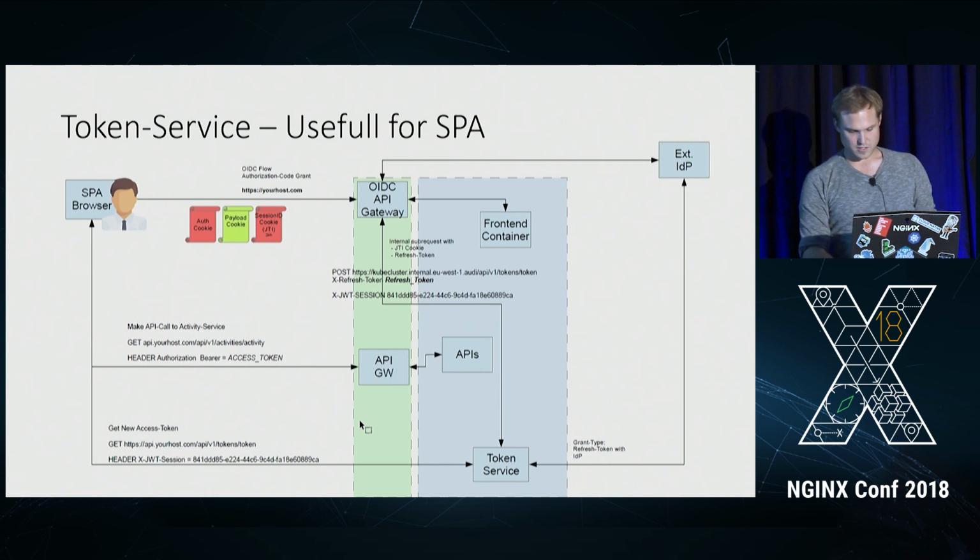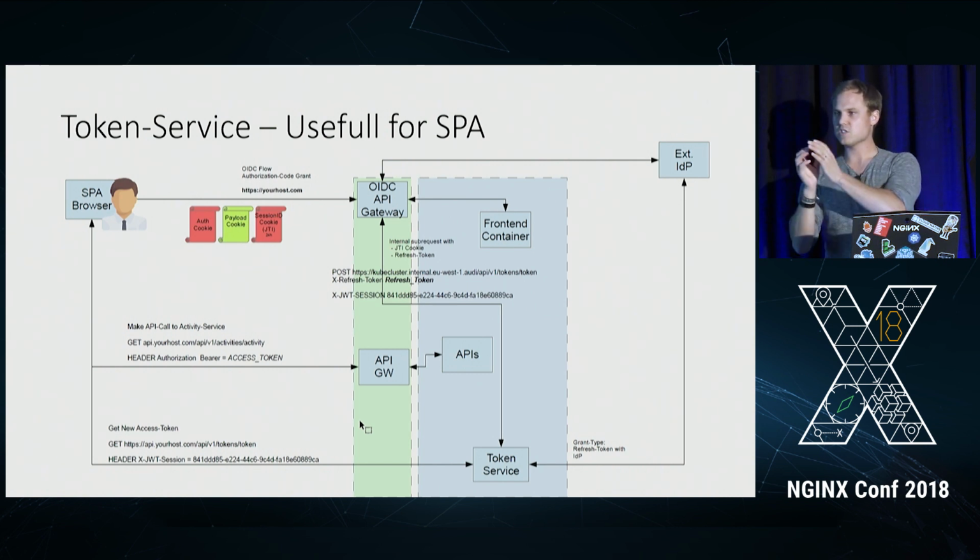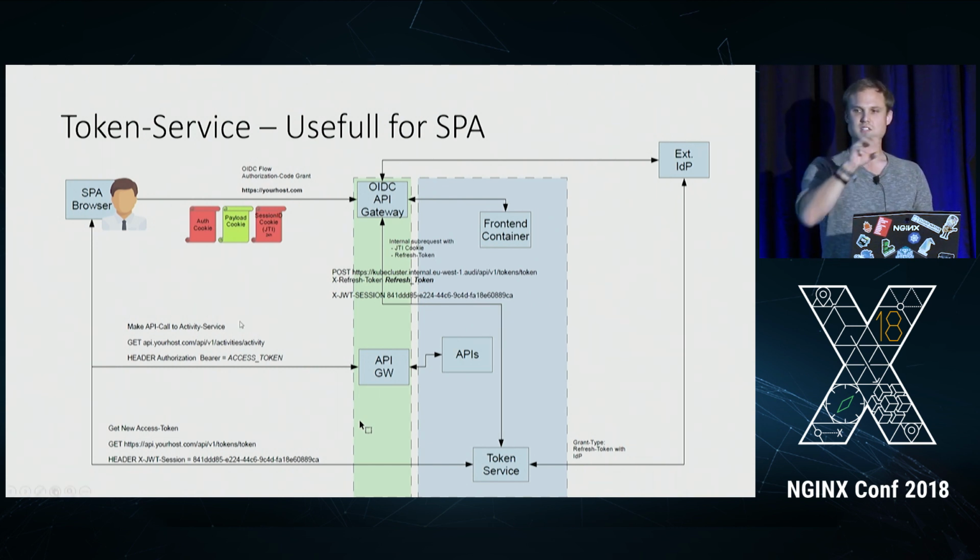The token service down here does all the refresh grant type interchange with the identity provider, and sends an access token back as a response to that request. Then the JavaScript can just use this access token, which is already base64 encoded, put it in the bearer header here, and do the API request out of the front end and get through my API gateway to the backend. So this is already pen tested and talked through with our security, and is state of the art approved.